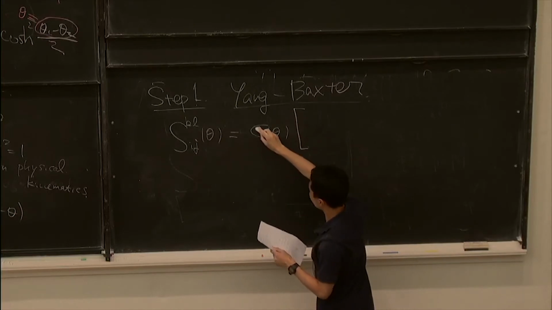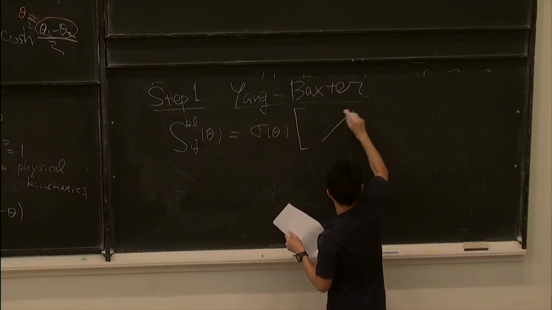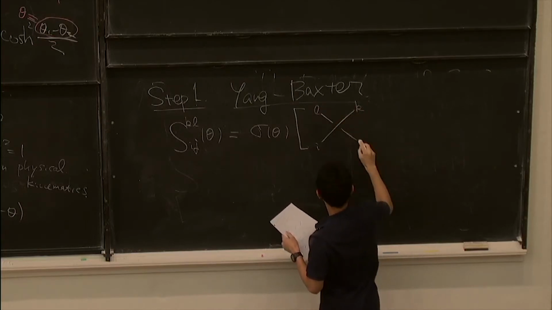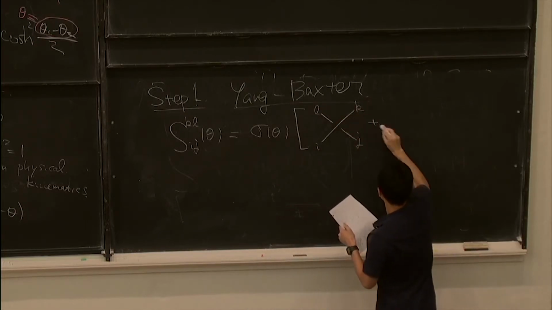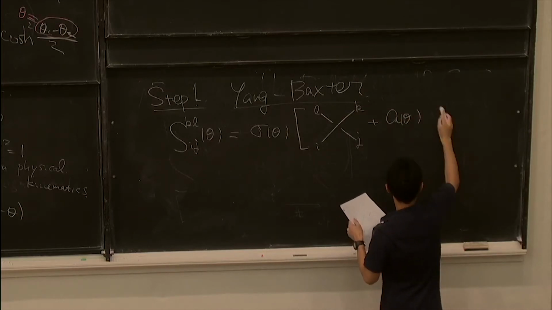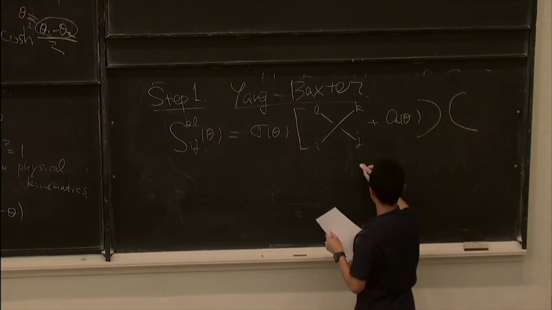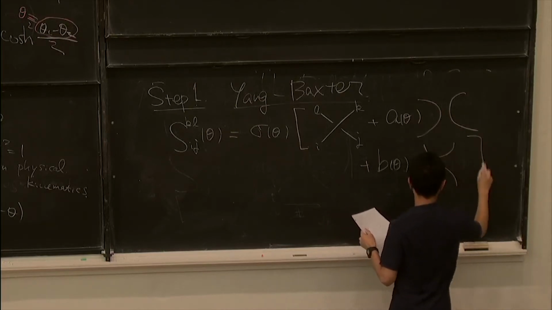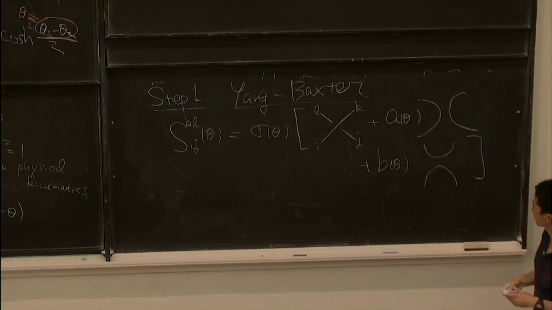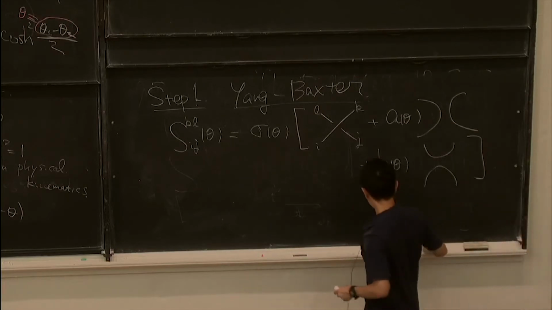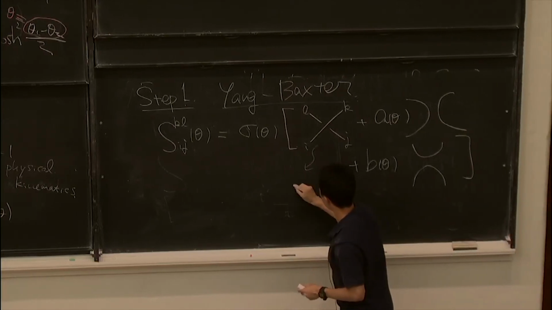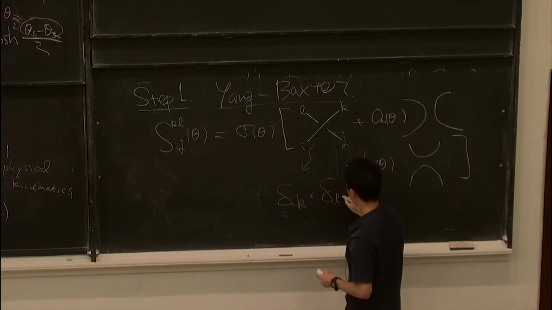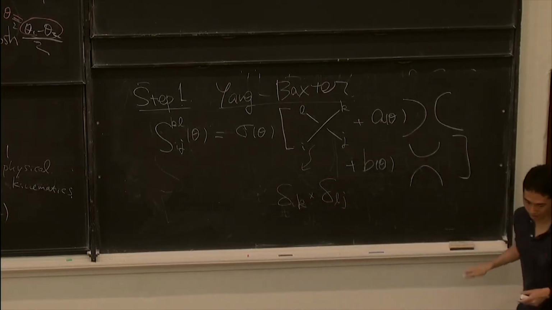So I have some overall factor here, and then I have something like this. I and J go into K and L, and I put A of theta here, and B of theta here. What I mean by this is delta of IK times delta of LJ, meaning that the indices are contracted.